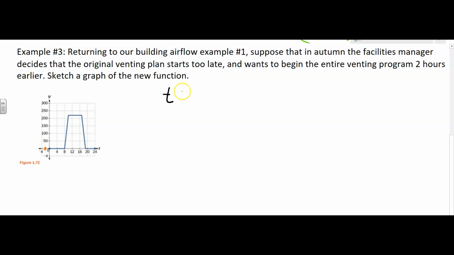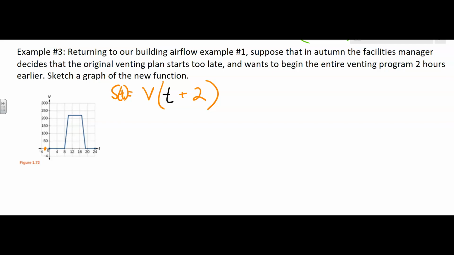So that would be t plus 2, and then the v function of that. So whatever this is called, s of t would be the v function, but we're going to be taking the input and adding 2.